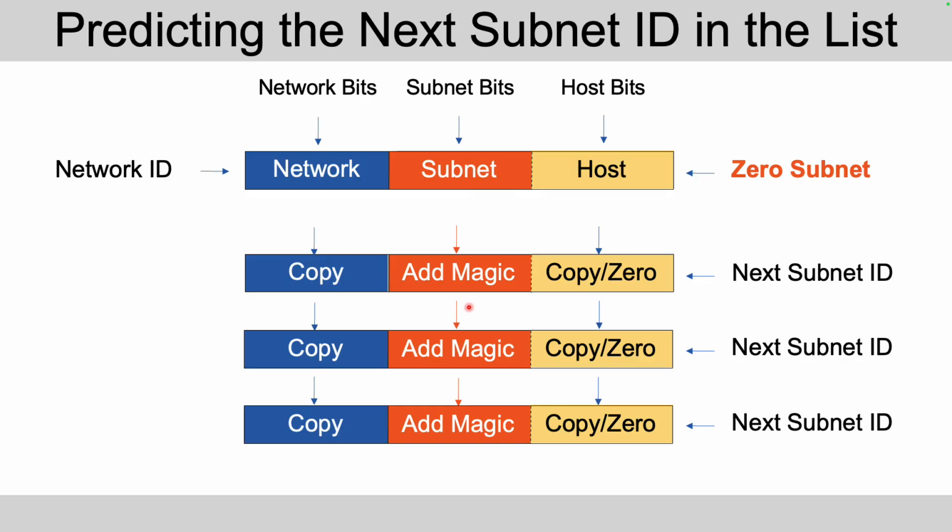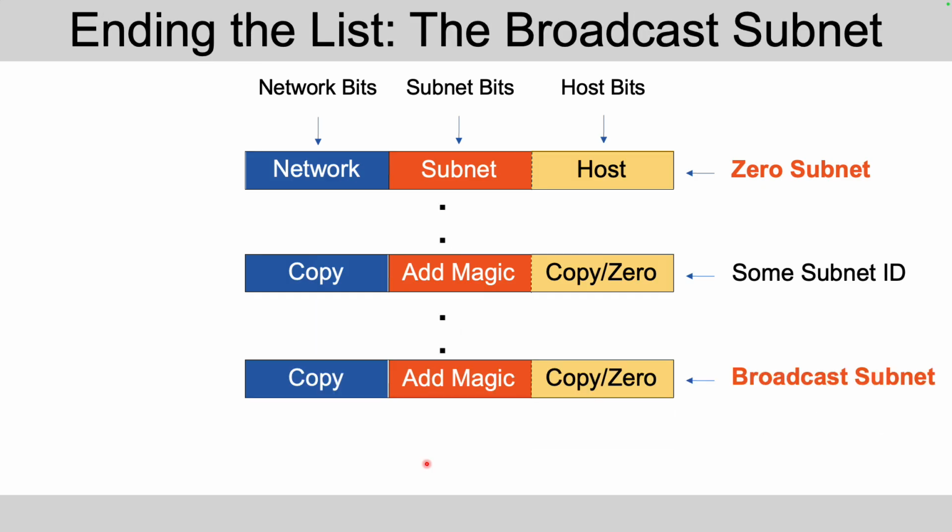And that's really the pattern that I'm wanting you to learn to recognize by doing practice problems with this process. And so we keep doing that, and we add things up, and we get the next and the next and the next subnet ID. And eventually you're going to write down the last subnet ID in the list. And that one also has a special name. The last one, the numerically highest subnet ID, is the broadcast subnet.